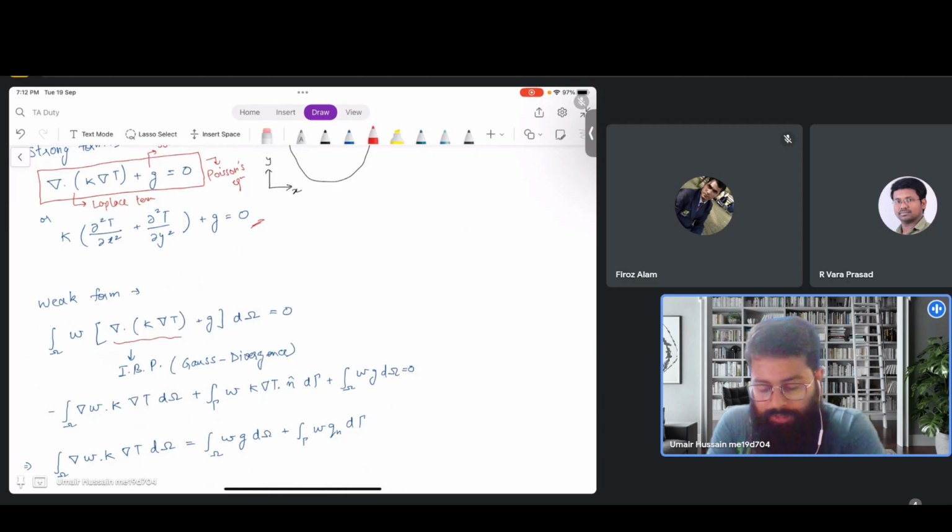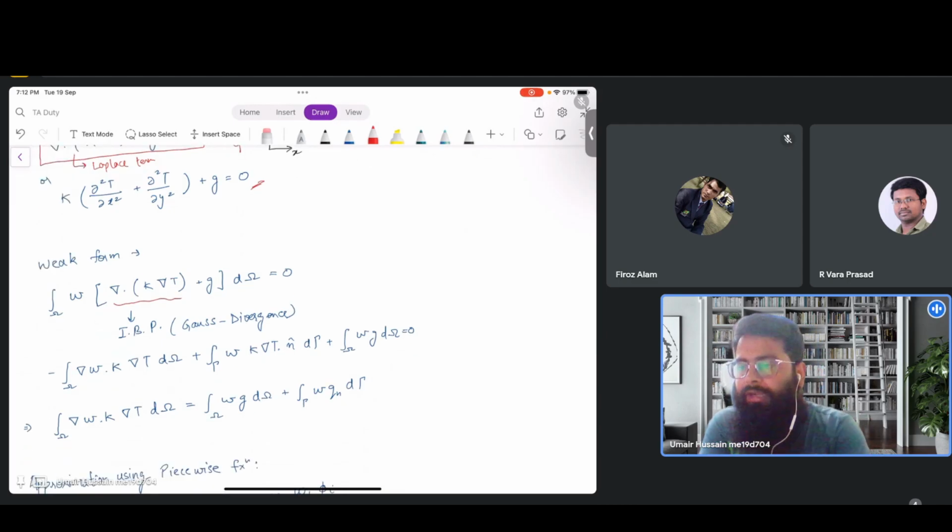How we apply the Gauss divergence theorem is a basic trick that I follow: you move this del operator over the weight function in the first term, and in the second term you just remove the del operator and take a dot product with the normal vector, and its integral should be over the surface area.